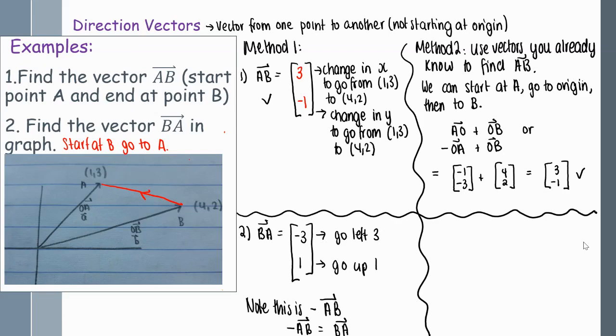So to start at B and go to A using the two vectors I already know, I can go down vector OB, right? So in the opposite direction of OB until I get to the origin. Then I can add on this time vector OA, starting at the origin and ending up at A. Here BO, remember that will be just negative OB, and OA, well, we know what this is.